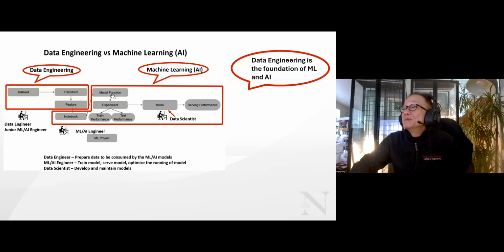And the function will be based on the features which were prepared in the underlying data engineering work. Once the solution is ready to be deployed in the production environment, we also need to monitor the performance. Performance is very important, right? So we need to make sure the model is running optimally.